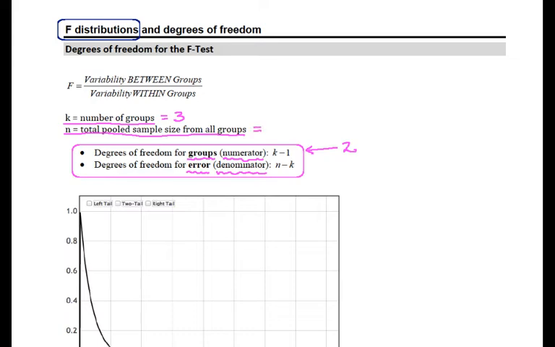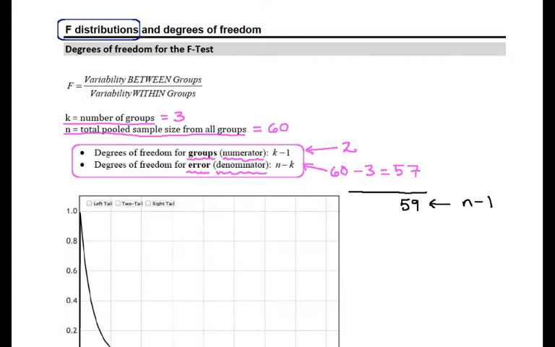So this is equal to 60. And so our degrees of freedom for error are n minus k, which is 60 minus 3, which is 57. Notice that if you add these together, the 2 and the 57 get you 59. If you add them together, you should get n minus 1, where n is the total pooled sample size.